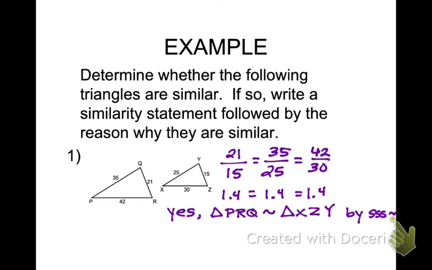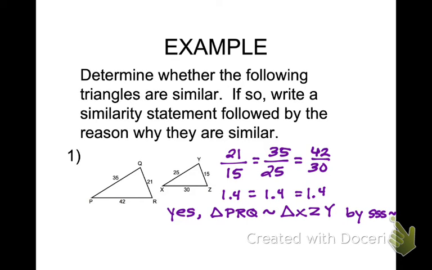Yeah, we didn't do anything with angles there, did we? All sides. Okay? If just one of these weren't 1.4, then I would just say no, they're not, right? Because my sides would not be proportional. Okay, we'll go with number 1.